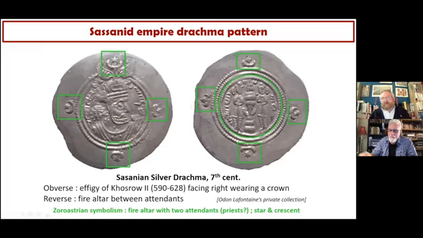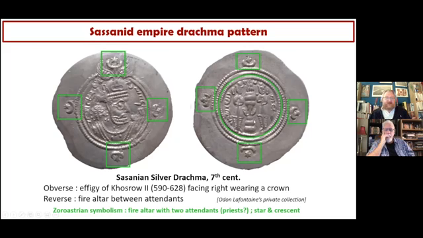You see, in the Zoroastrian religion, they believe in one God who is sort of encased within the fire. And here, on the reverse of the coin, inside the green circle, there is an altar with fire burning on top, and we have two attendants. They might have been priests, Zoroastrian priests.